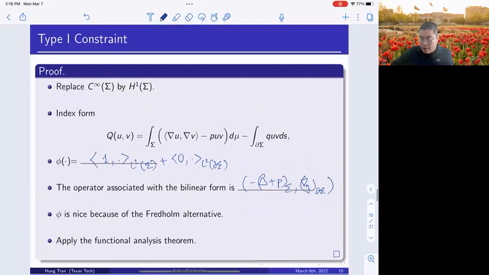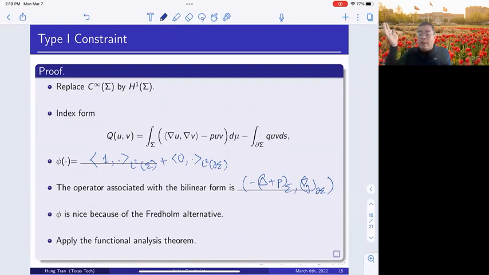And it can be shown that phi here is nice because of the Fredholm alternative associated with this elliptic operator. And then we apply the functional analysis theorem. Remember, the functional analysis theorem says that the index is going to be decreased by 1 if there is some element u such that S of u is equal to 1, and then phi of u is smaller than or equal to 0.